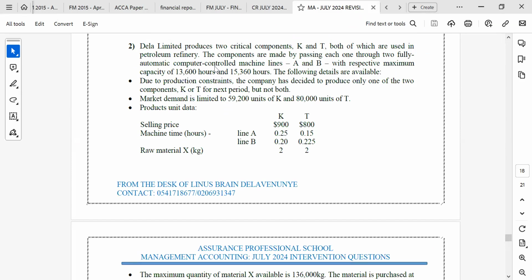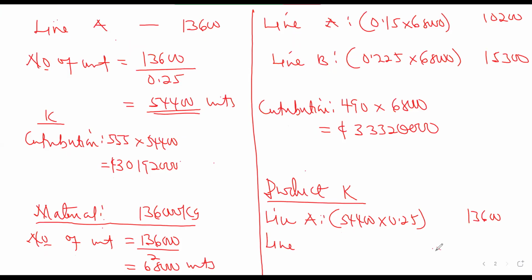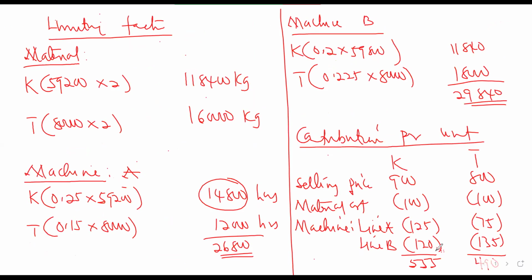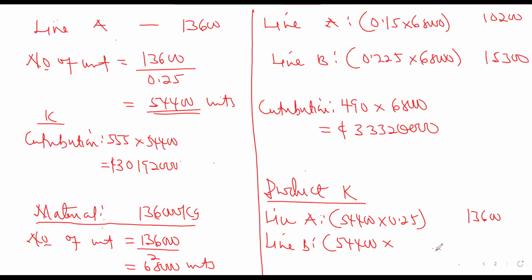But let's come to line B. What will be the machine hours there? That will be 54,400 multiplied by the requirement for line B, which is 0.2. How many hours are we going to be using? 10,880. So I'm having 10,880. But what is the maximum hours available?